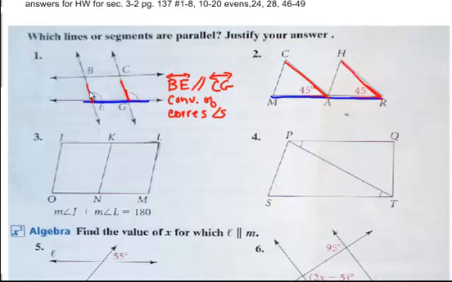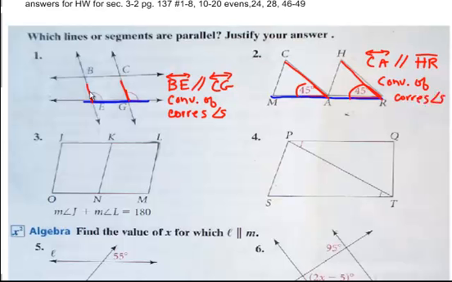It's line CA would have to be parallel to line HR. Reason, these angles are called, again, corresponding angles. So this is converse of corresponding angles. Is the reason why these are parallel.